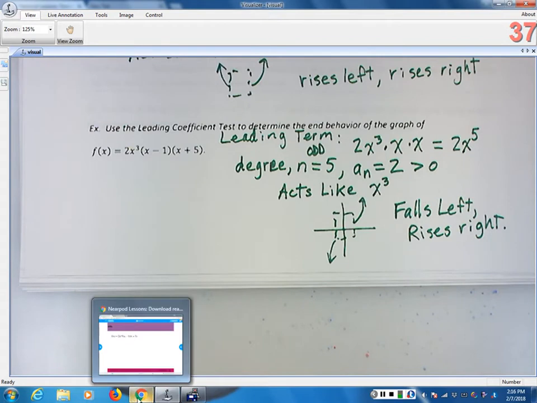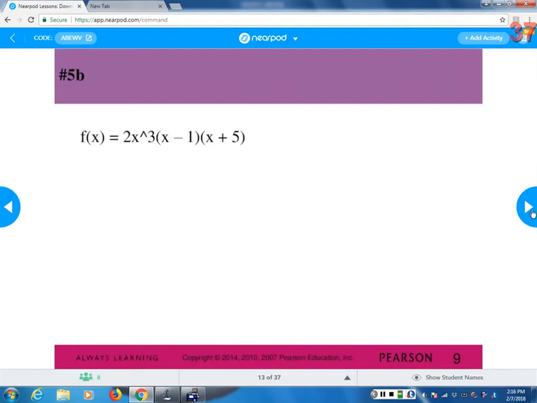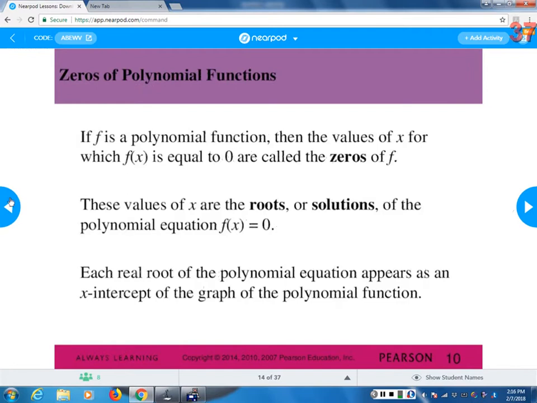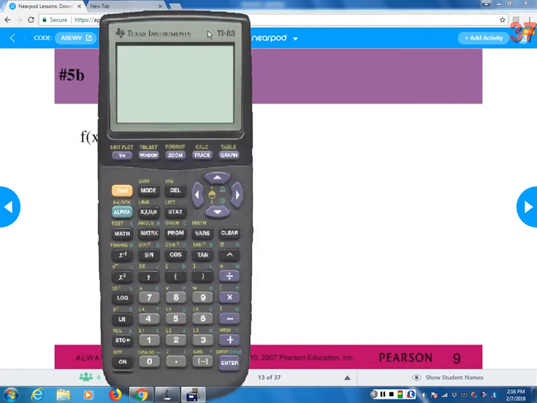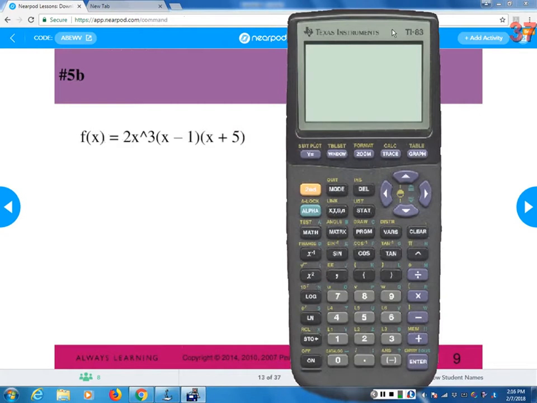Everybody done? Okay. I don't have a picture of it. So let me bring the calculator up and let's try to get a picture of this.